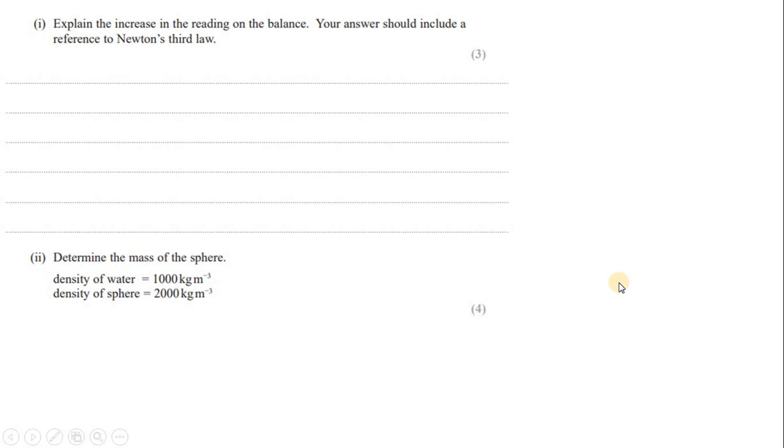This is a typical question that comes in an exam, asking for an explanation using Newton's third law.